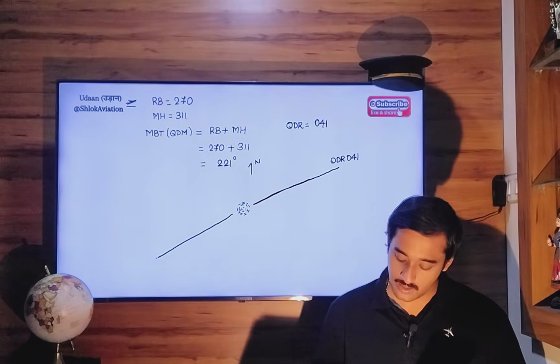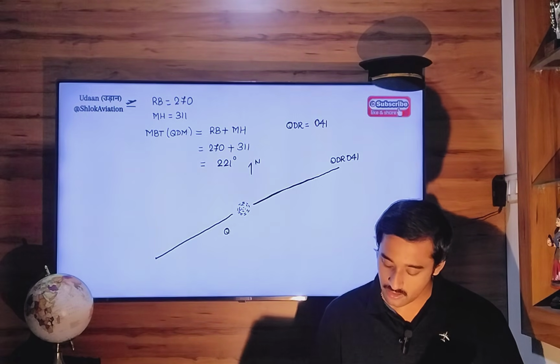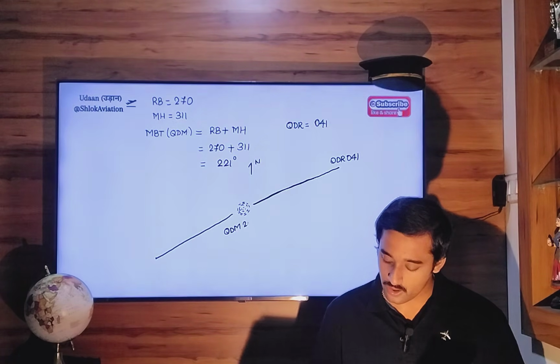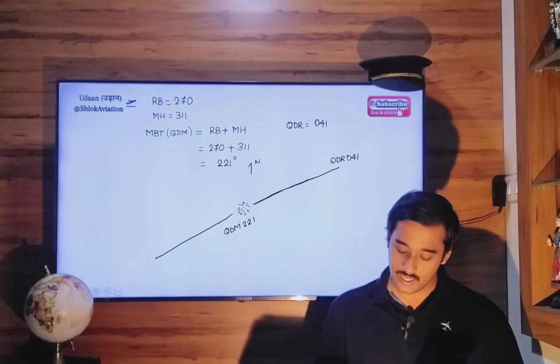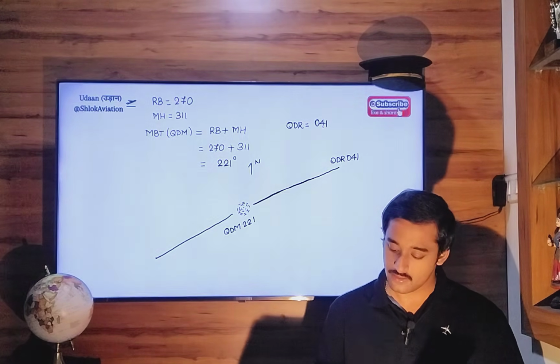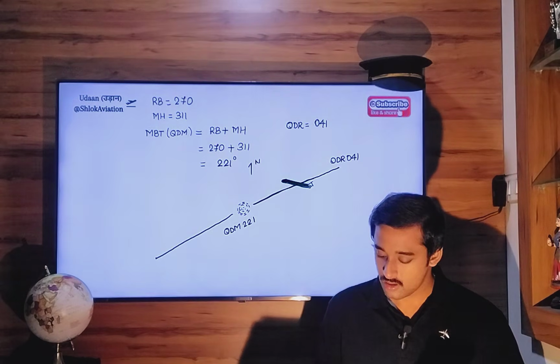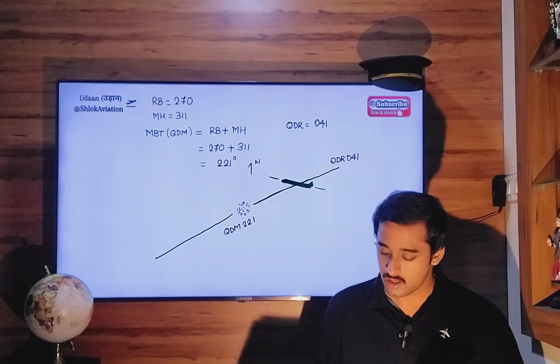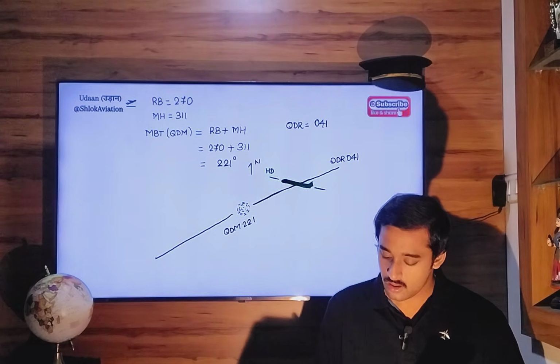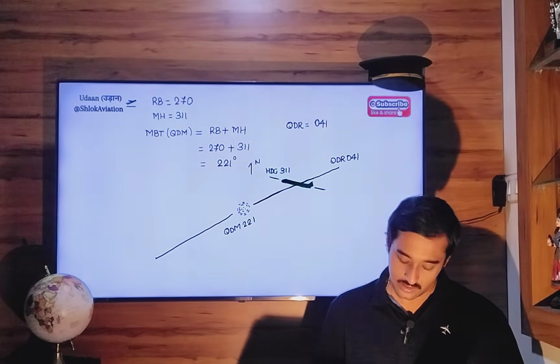Track towards the NDB station will be 221. Now your aircraft heading is 311.